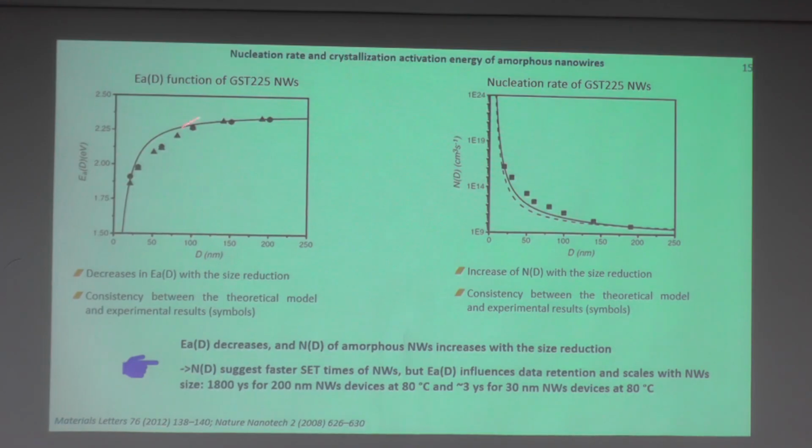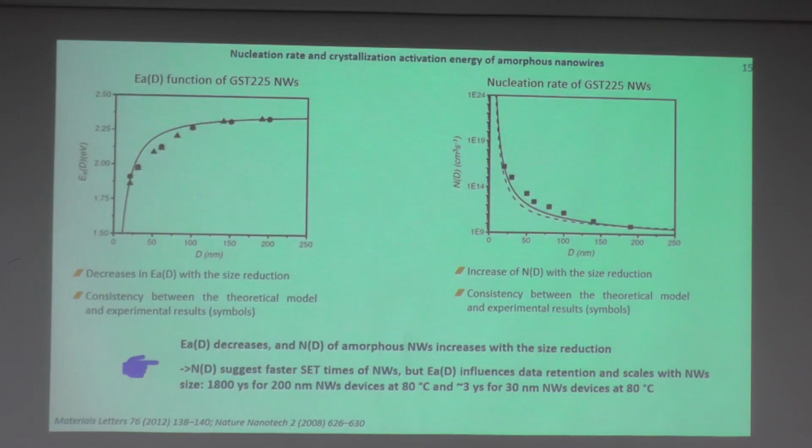This is the crystallization activation energy. So it's reducing. If you think about the thin film of GST, it's in the range 2 to 5. And for nanowires, this parameter, the crystallization activation energy, is reducing with size. Also, the nucleation rate shows an increase with the decrease of size. Here again there is a nice agreement between the theory and the experiments.